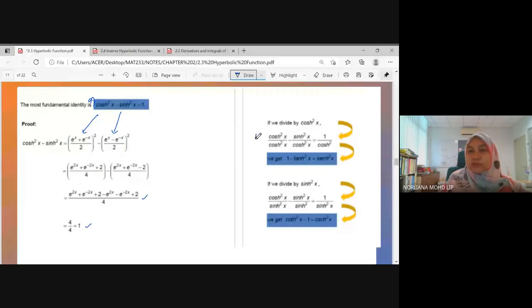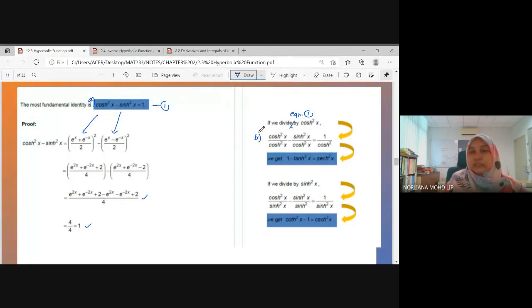Second formula is 1 minus hyperbolic tangent square x equal to hyperbolic secant square x. Okay, second formula we divide this equation 1. Equation 1, divide equation 1 by the hyperbolic cos square x.